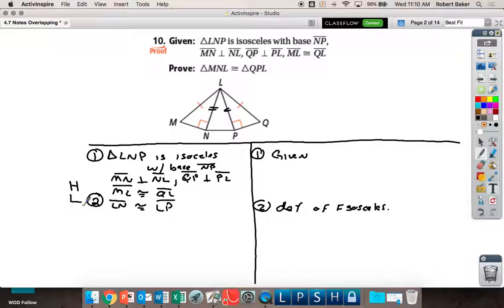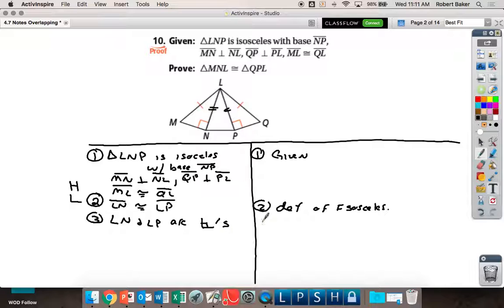So you have to say they're right angles too. I have that written. It doesn't say that they're right angles, it just says that they're perpendicular. So you must state, and I'm going to do this the cheesy way, hope you guys can get over it, because I'm being lazy right now: angle N and angle P are right angles. The reason that they are right angles: definition of perpendicular.